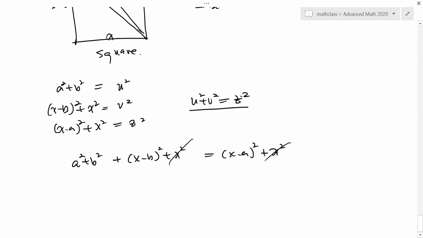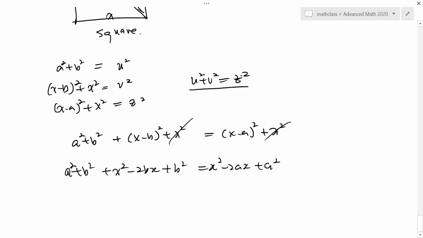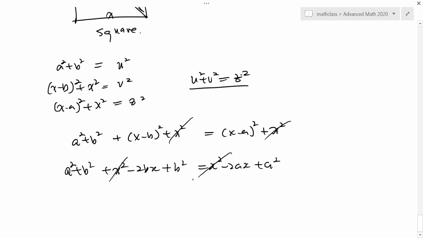You will get a squared plus b squared. Here's x squared minus 2bx plus b squared. Here's x squared minus 2ax plus a squared. So I have x squared canceled out. I also have a squared canceled out, right? What I have here is b squared. I have 2b minus a times x. I hope this is the right answer, okay?